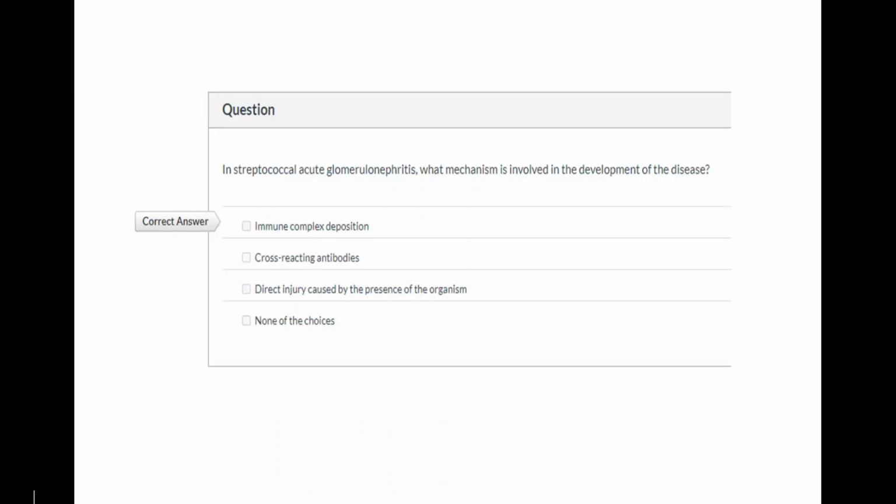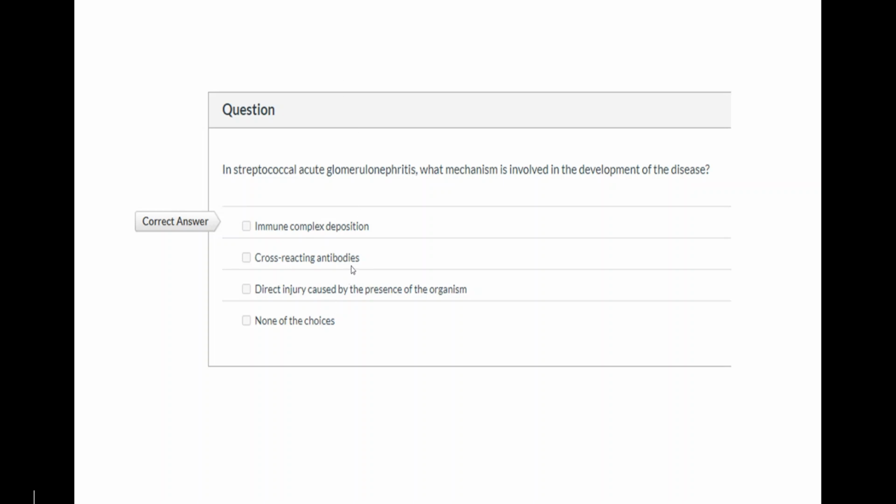In streptococcal acute glomerulonephritis, what mechanism is involved in the development of the disease? It's immune complex deposition. Antigen antibody complexes have been deposited in the glomerulus of the kidneys, and the immune complex deposition there causes the activation of the immune system. Antibodies are activated, the complement system is also activated, causing destruction of the glomerular cells.